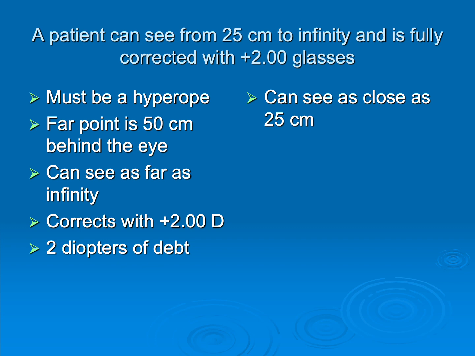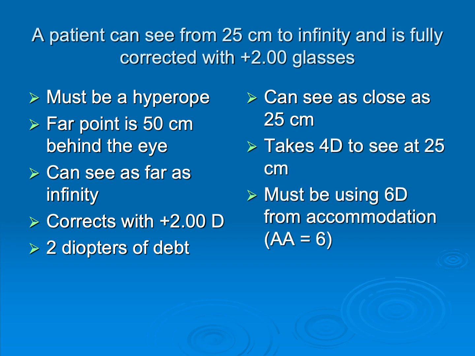How many diopters does it cost to see at 25 centimeters? It costs 4 diopters. So if it costs me 4 diopters to see at 25 centimeters, and I've got to get rid of 2 diopters before I can even start on that 4, then I must have at least 6 diopters in the bank. Actually, I would have exactly 6 diopters, because if I had more than 6 diopters, I could see closer than 25 centimeters. So accommodative amplitude here must be 6.